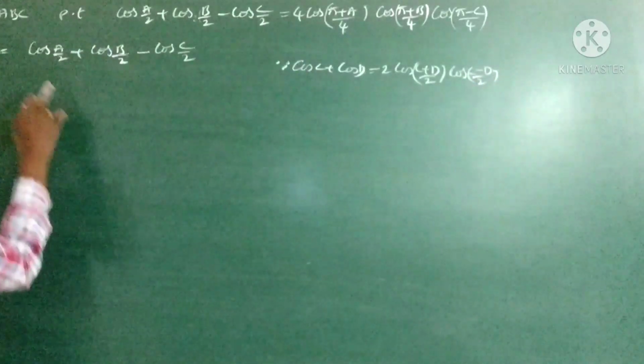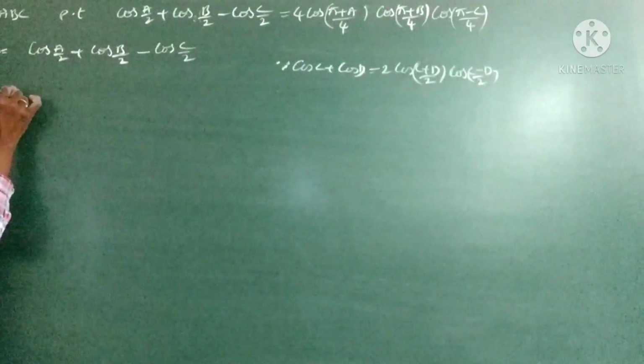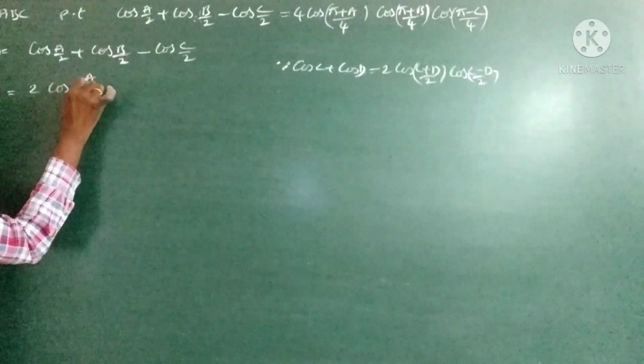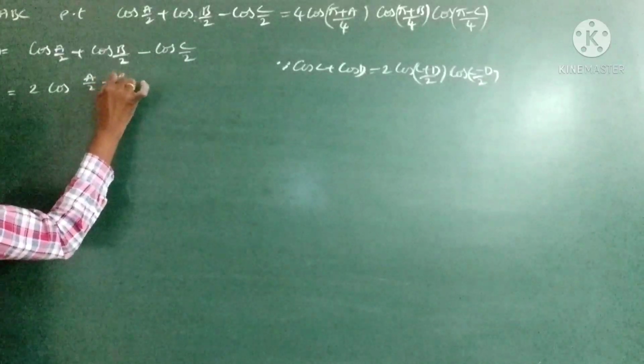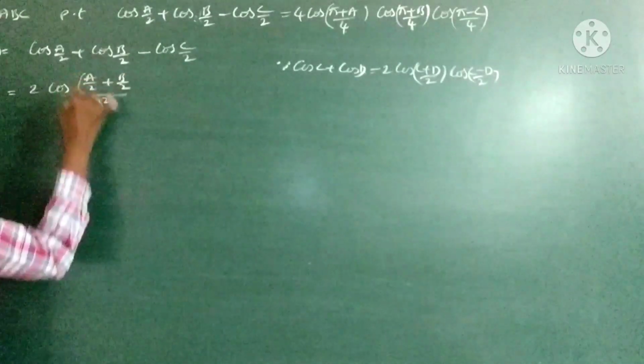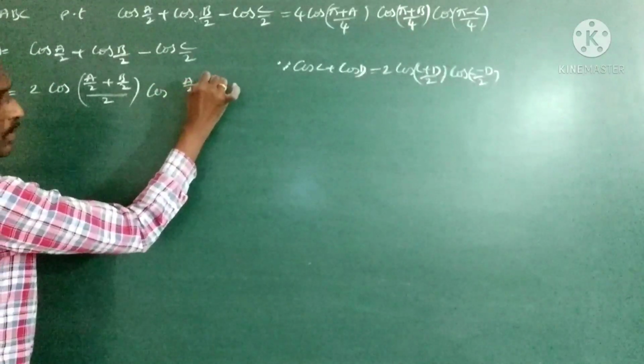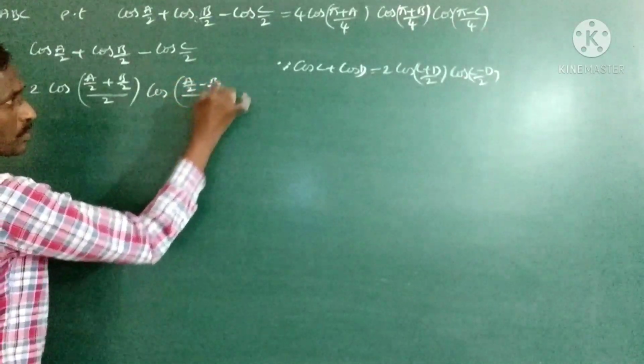So C becomes A by 2, D becomes B by 2. Apply the formula: 2 cos function, C becomes A by 2, D becomes B by 2, by 2, into cos function of (A by 2 minus B by 2) by 2.